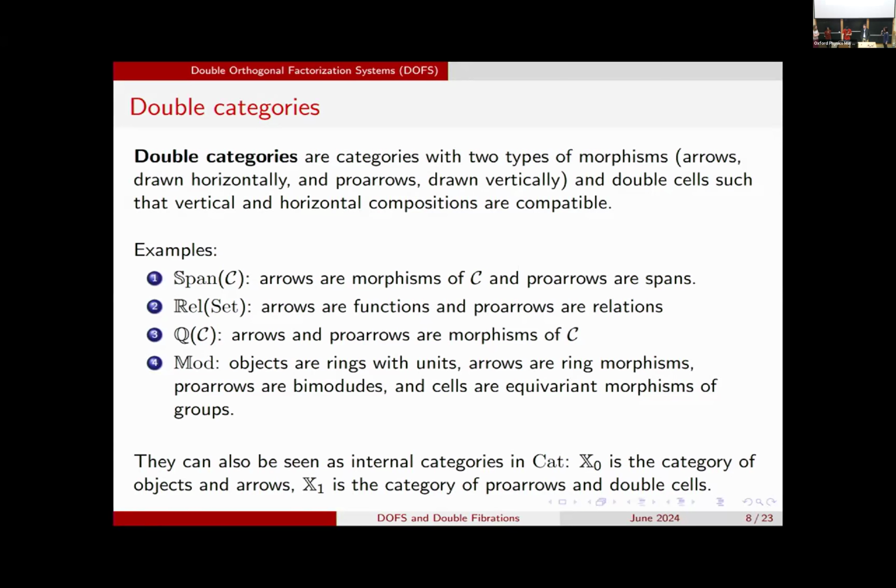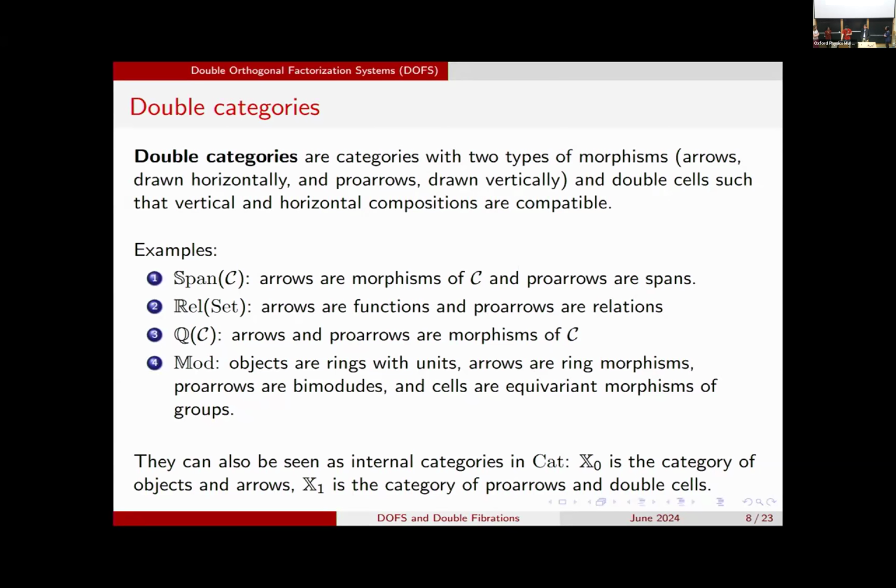Some examples of that are spans. If we start with a category C with pullbacks, then we have vertical arrows, the normal morphisms in C, and horizontal arrows are spans. We can do something similar with Rel of sets. We have vertical arrows being functions, and the horizontal ones are relations.